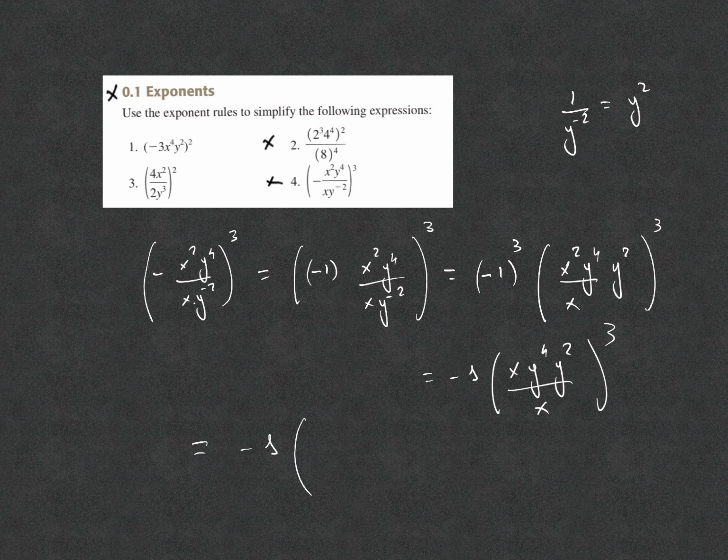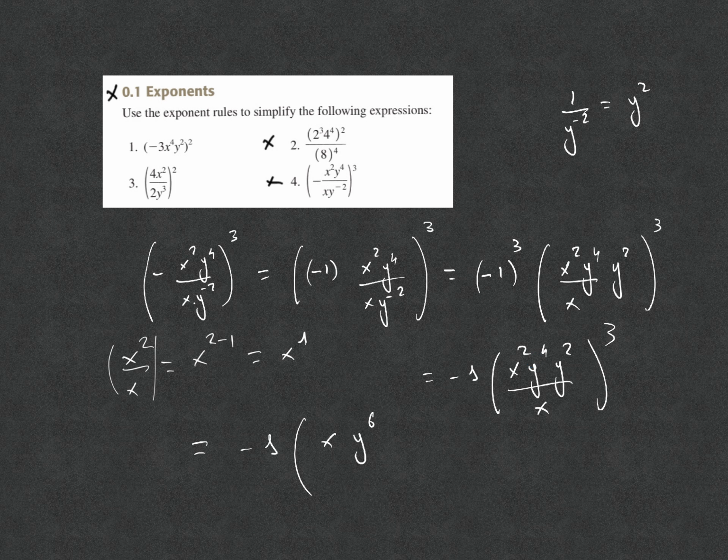Now, x squared divided by x is x, because x squared divided by x is x to the 2 minus 1, and 2 minus 1 is 1. y to the 4 multiplied by y squared, y raised to the power 4 plus 2, is y to the 6.